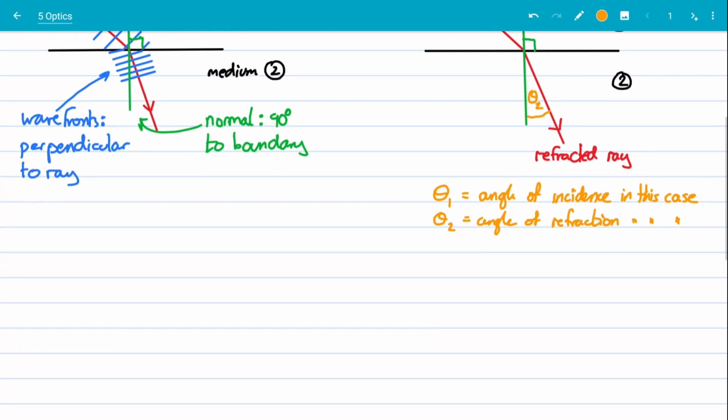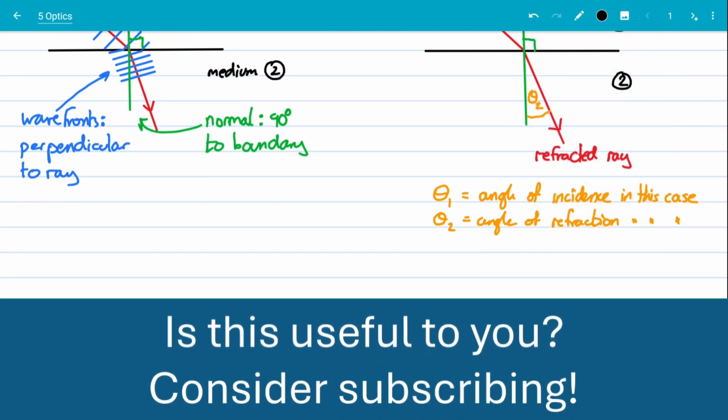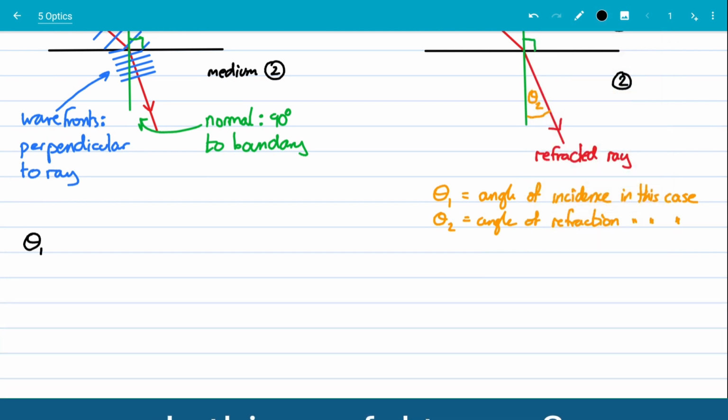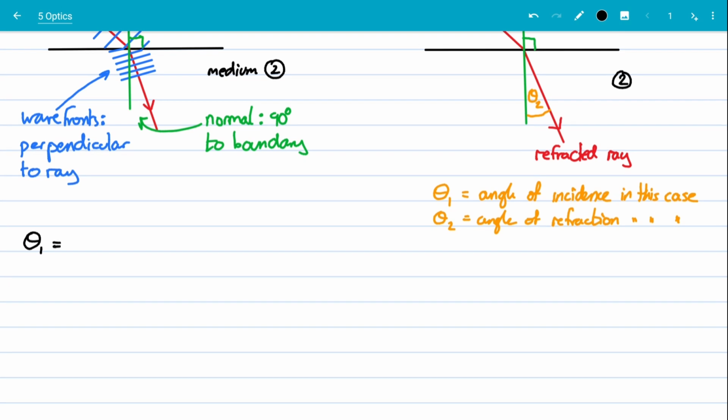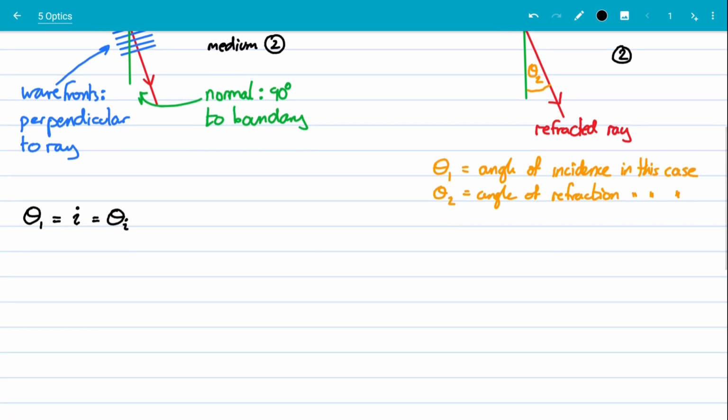Now there are a lot of different symbols we could use for them. In this case, we're saying θ1, but we could have called it I for incident angle, or angle of incidence, or we could have called it θi. Notice I have a little squiggly I to make it easier to see what's going on.